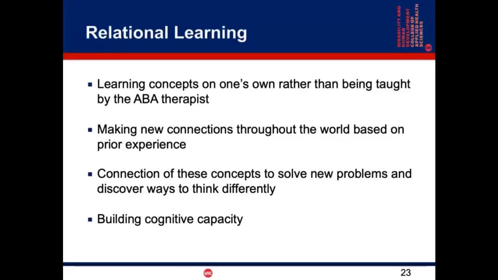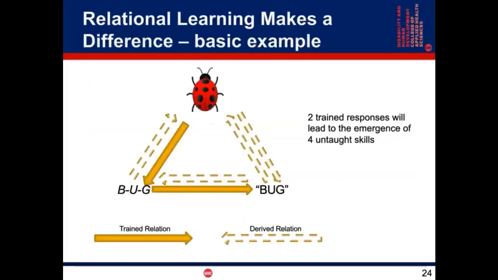We can all do that, but how do you start that process with somebody that doesn't have that? And perhaps it's in place to some degree with the clients you're working with. How can we use those abilities to grow cognition and understanding of the world around them? Next slide.